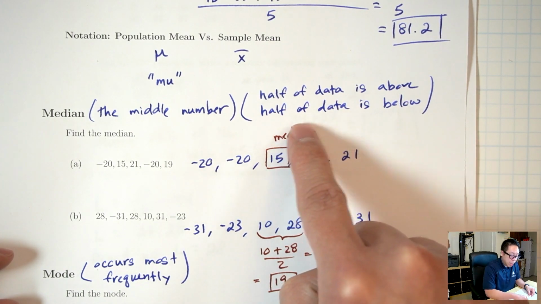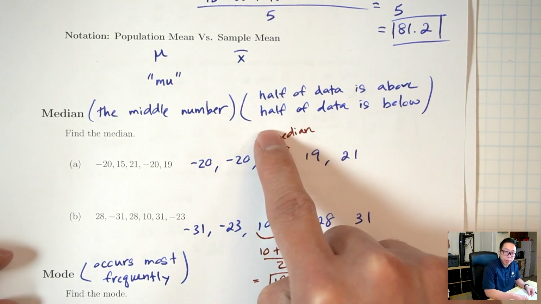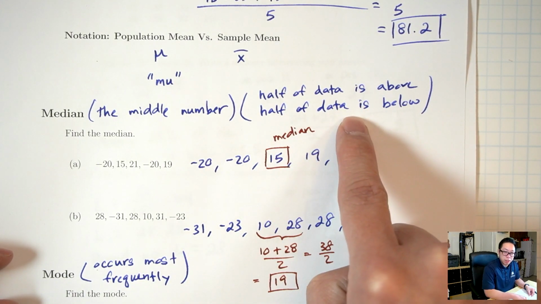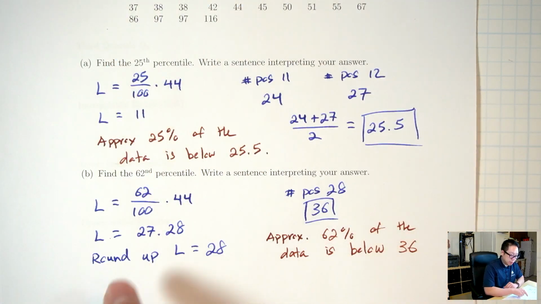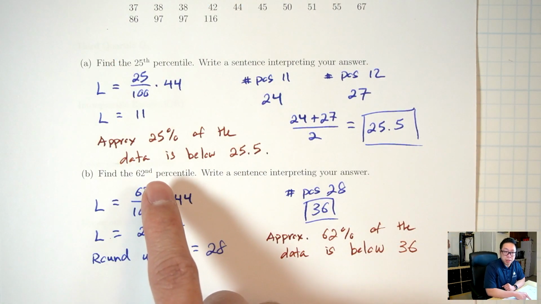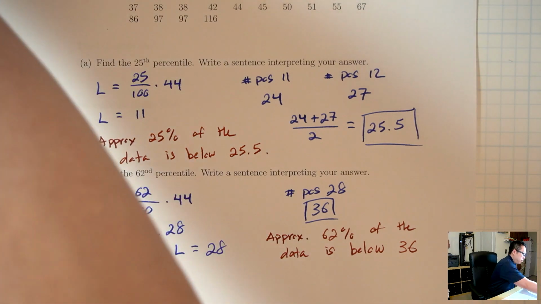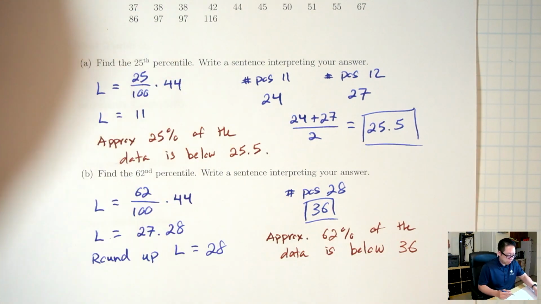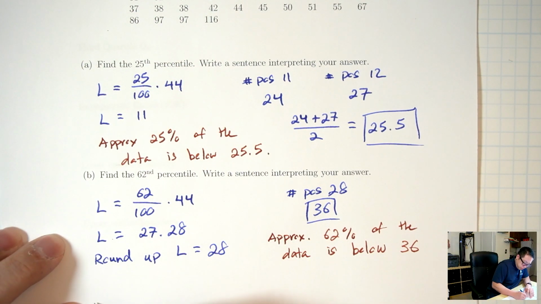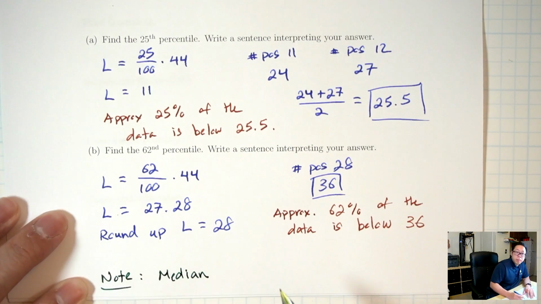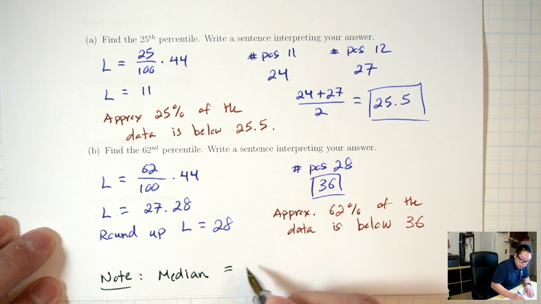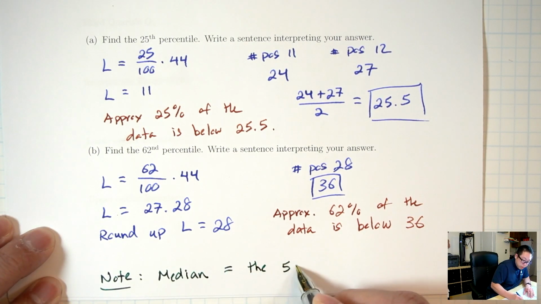Half of the data is below means that 50% of the data is below, which is the same thing as saying it's the 50th percentile. So the median is really just the 50th percentile.